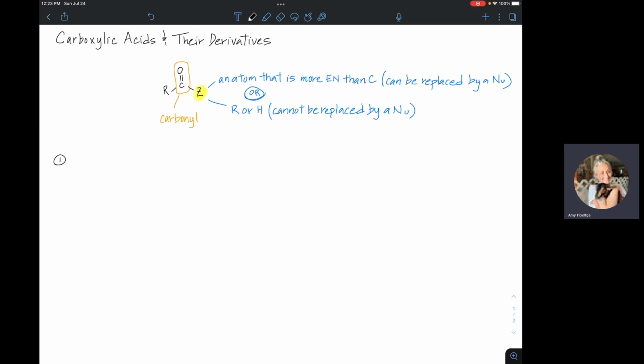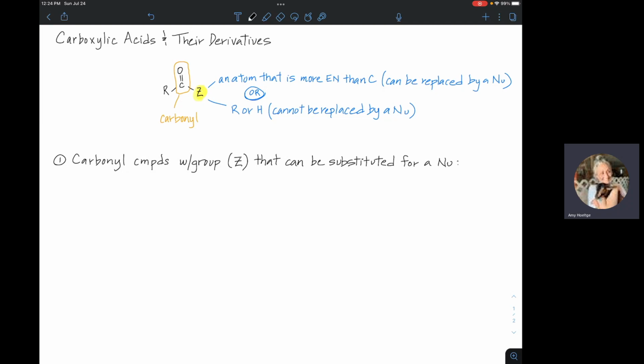So the first thing we're going to do is deal with the carbonyl compounds with a group, say Z, that can be substituted for a nucleophile.